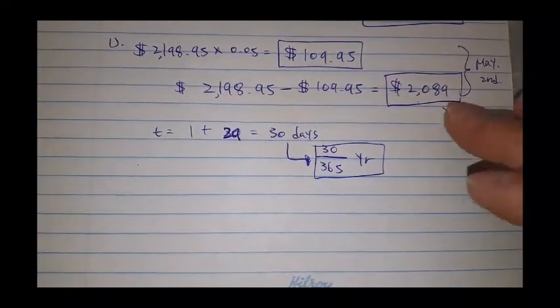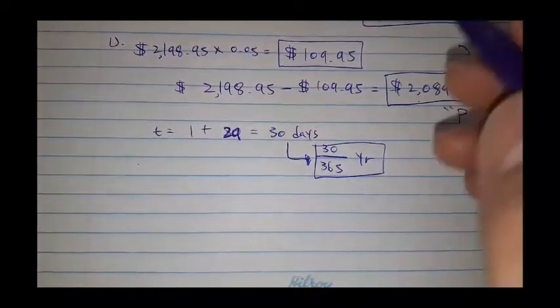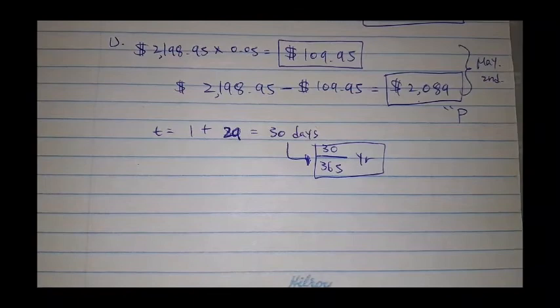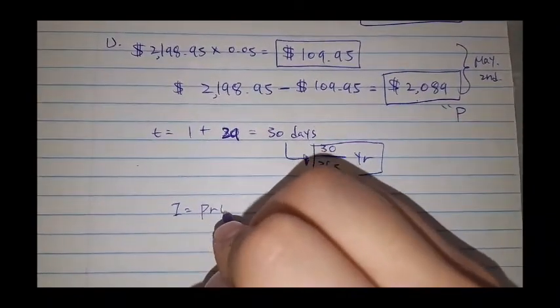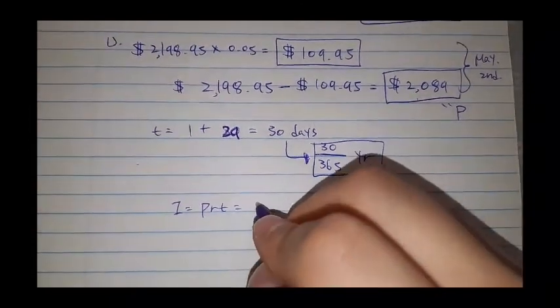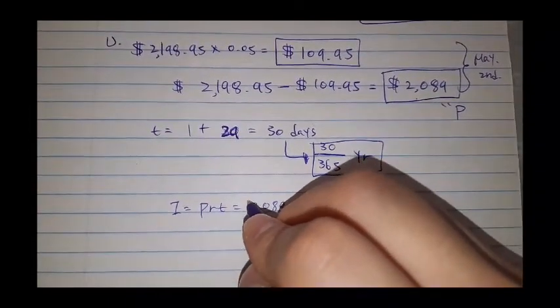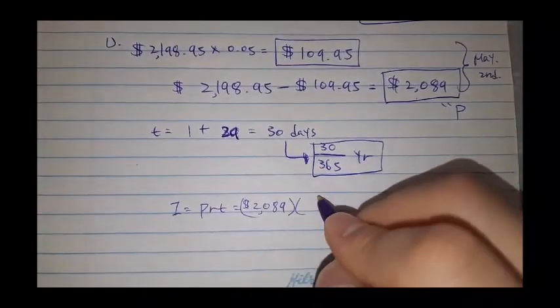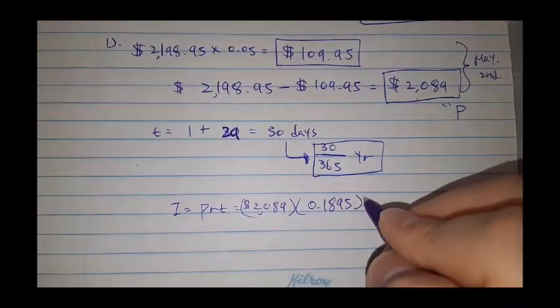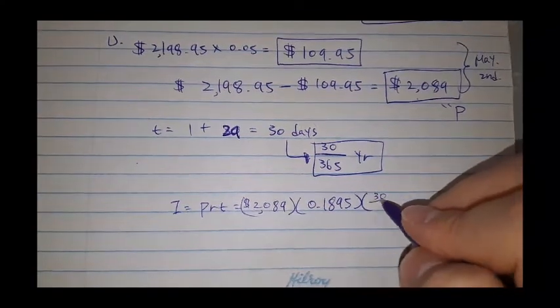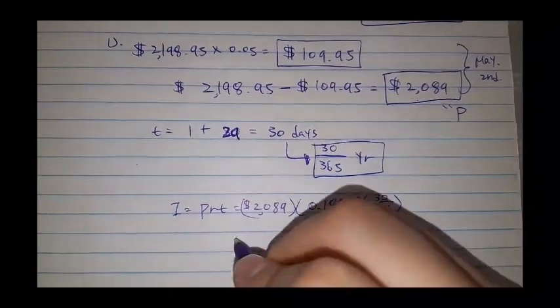In any case, we have principal, time and interest rate, which I put on the way up, 18.95%. So let's do the I equals PRT calculation. P, the principal, is $2,089, multiplied by R, 0.1895, and T, 30 divided by 365.